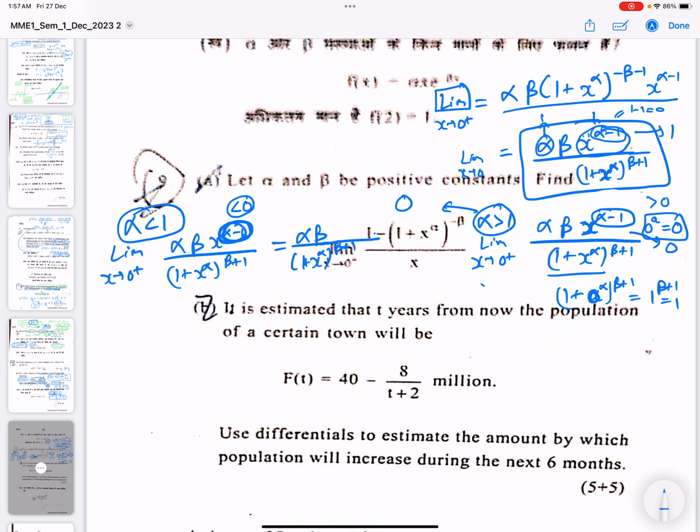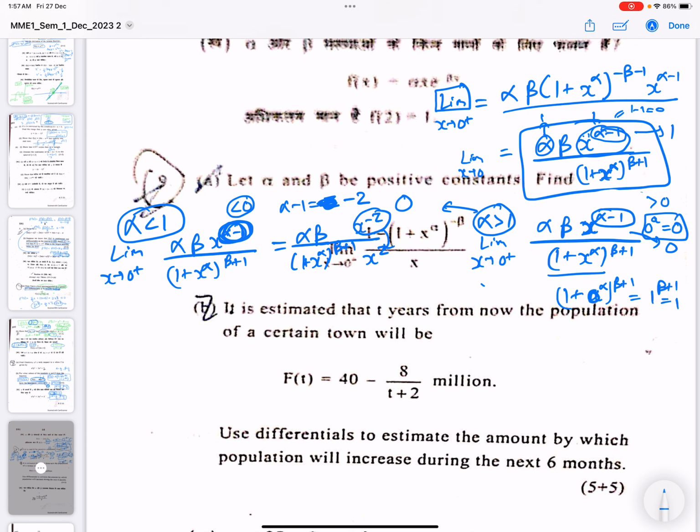So suppose alpha minus 1 comes out to be minus z, where z is a positive number. Because x to the power minus z is in the numerator, it would become x to the power z in the denominator.